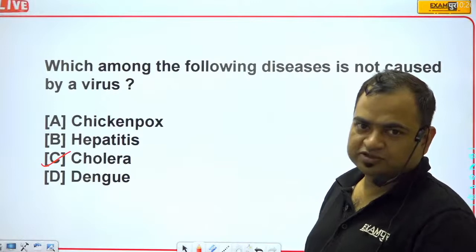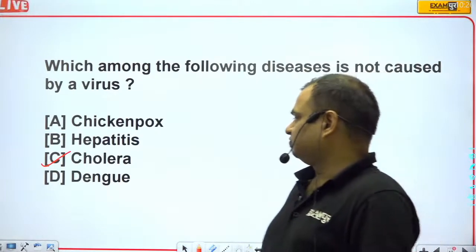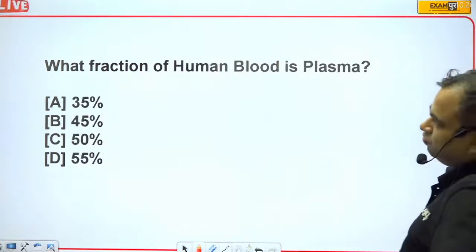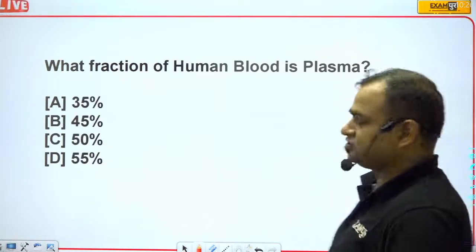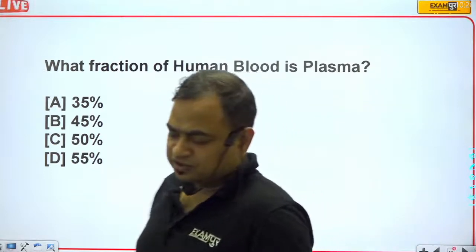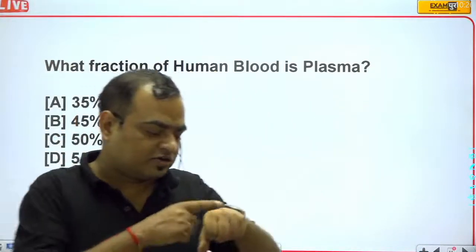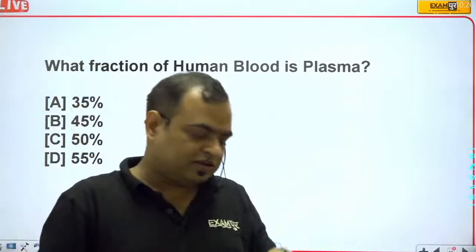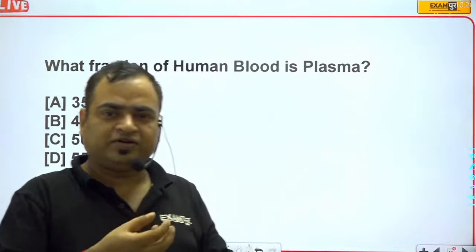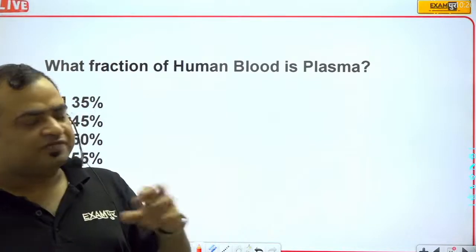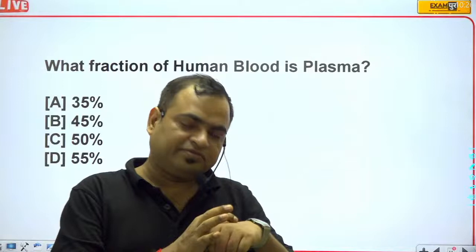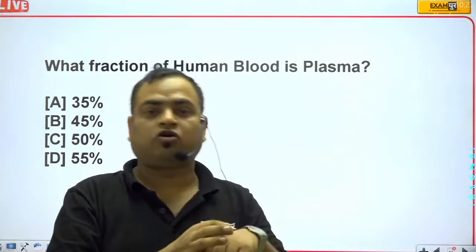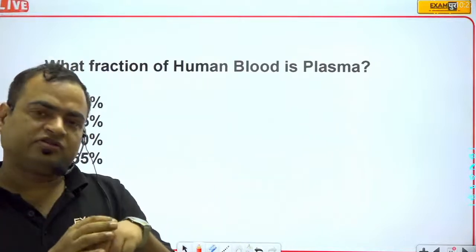dengue is caused by a specific type of mosquito. Okay, so what fraction of human blood is plasma? What is actually plasma? Suppose that there is a cut on my hand, then obviously you will see that the bleeding will start, and after some time you will see a clot formed on the same place.